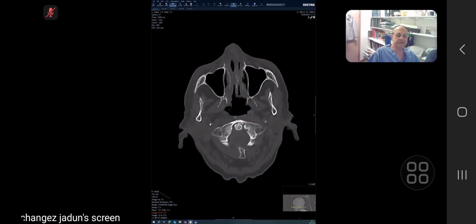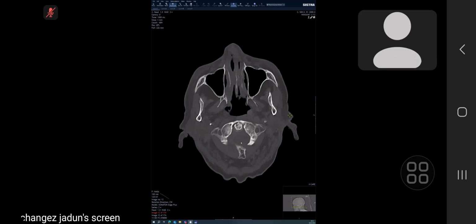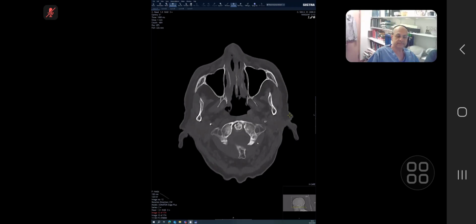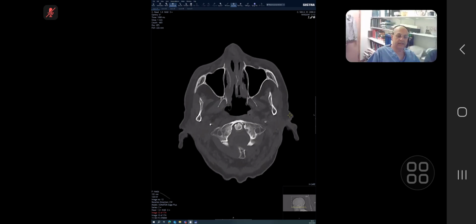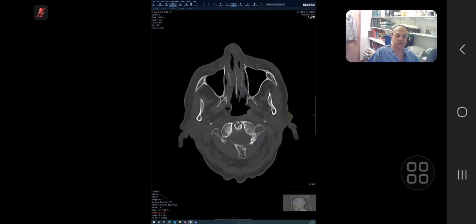And then I stop here. What do you see here? What is this? And which bone is it? So this is the C1 ring. This is the dens, which shows degenerative changes. You saw this patient is an old patient, but this is not normal. There is no suture in the C1 arch.